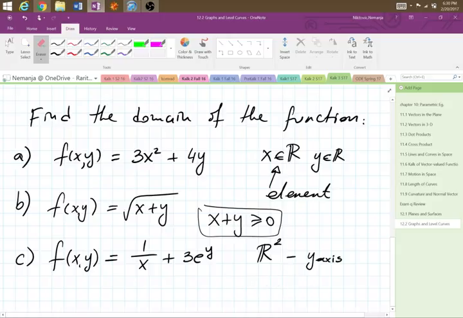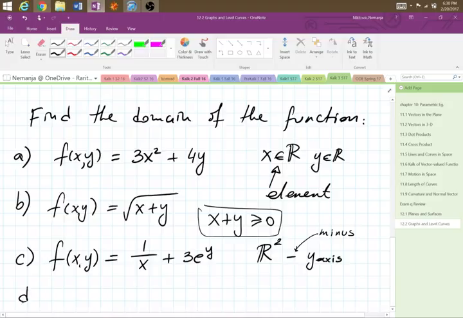So it's the entire plane, x's and y's, except the y-axis. So that's why we take away, minus, right? That's the negative. Minus. It's not a hyphen. So this says everything, and then take away all of the points that are on the y-axis.